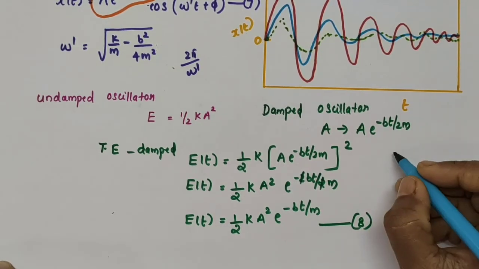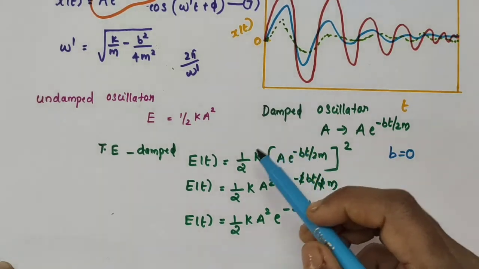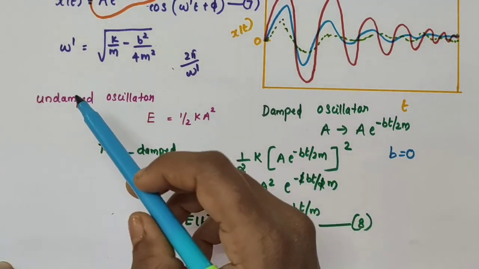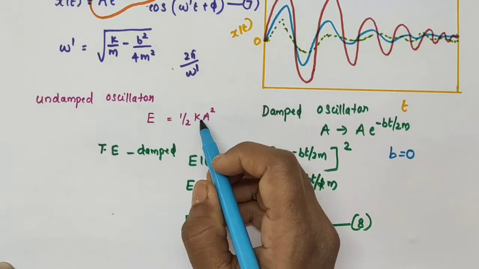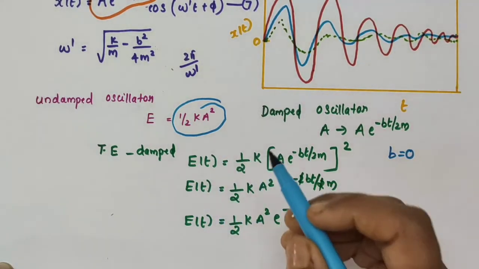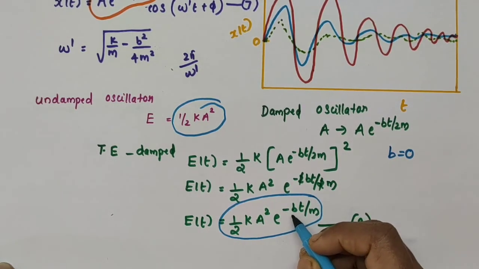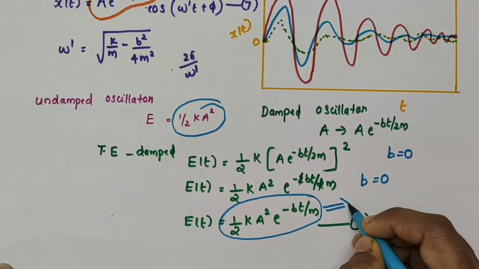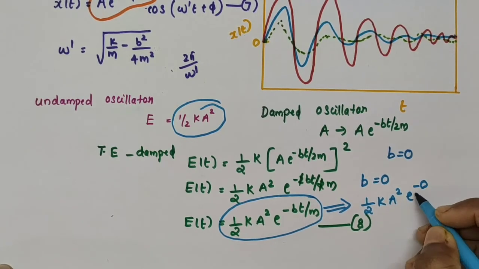Now you see, if we put b equal to 0, then all the equations of the damped oscillator reduce to the corresponding equations of an undamped oscillator. For example, the total energy of an undamped oscillator is half k A square. For the damped oscillator, the total energy is half k A square into e raised to minus bt by m. Now, by putting b equal to 0, this expression becomes half k A square into e raised to minus 0.